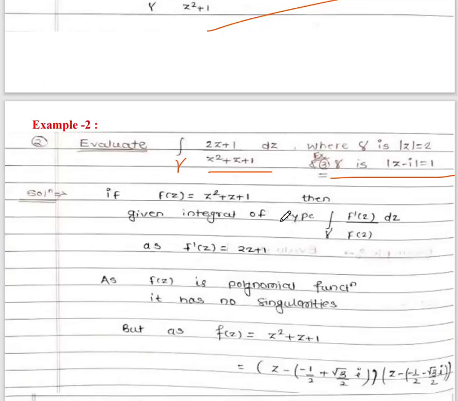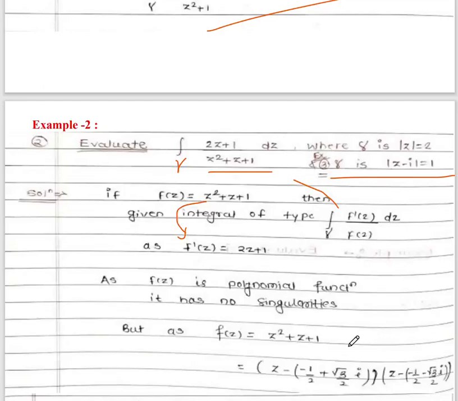If you observe, this is the integral of the type integral over curve gamma of f dash of z upon f of z dz. So f dash of z is 2z plus 1. Differentiating with respect to z, we get f dash of z equal to 2z plus 1. Here f of z is a polynomial function and it has no singularities.